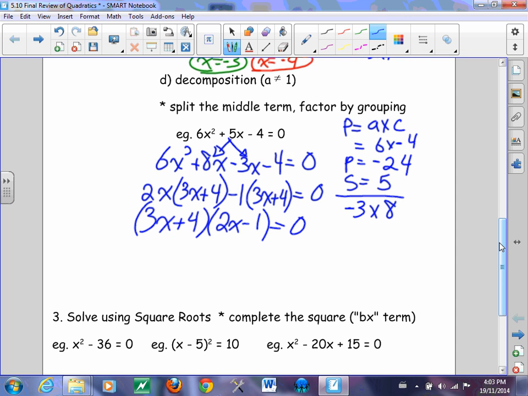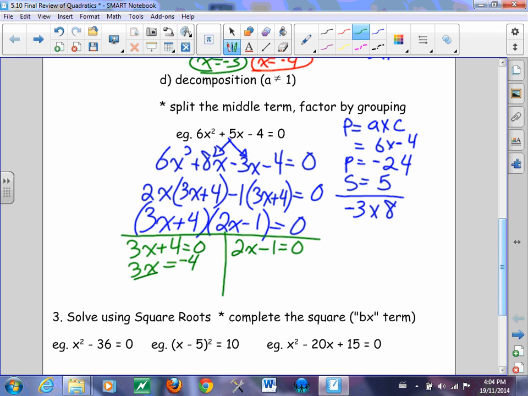Okay, now we need to let each bracket equal 0. So it's going to be 3x + 4 = 0, or 2x - 1 = 0. Solve the first one. So 3x = -4. Divide both sides by 3. So our first root is -4/3.